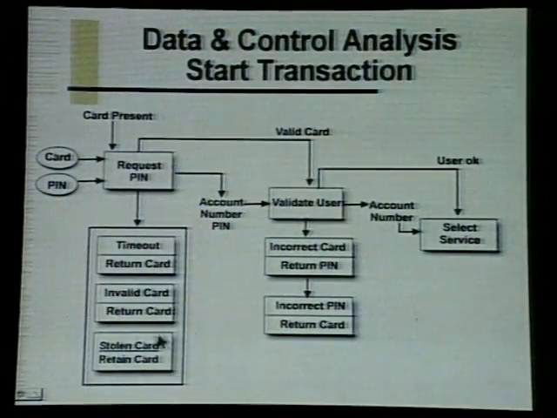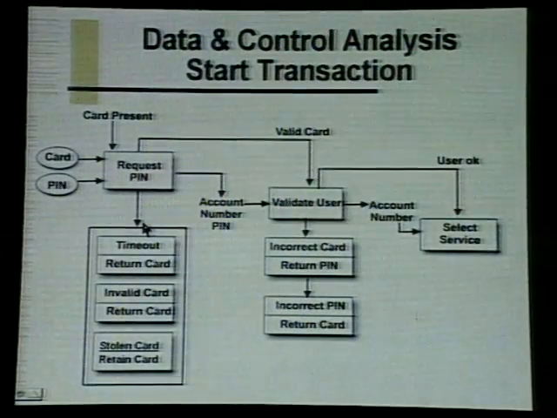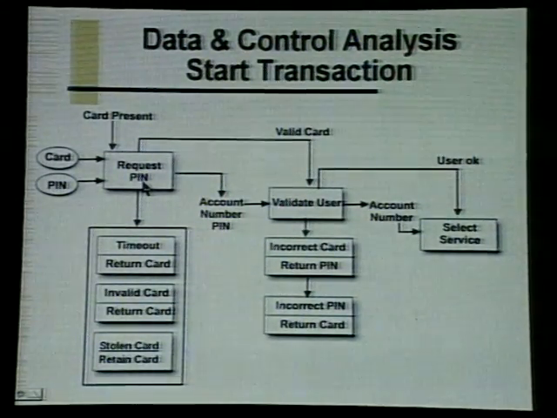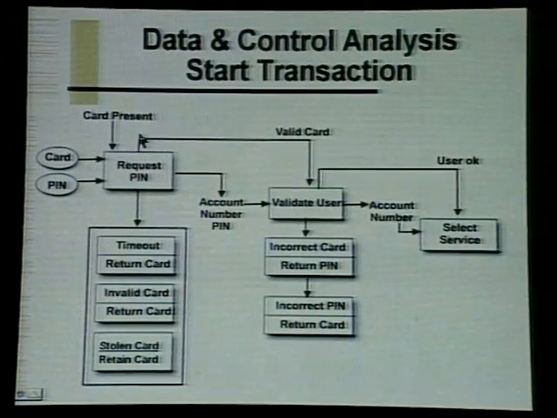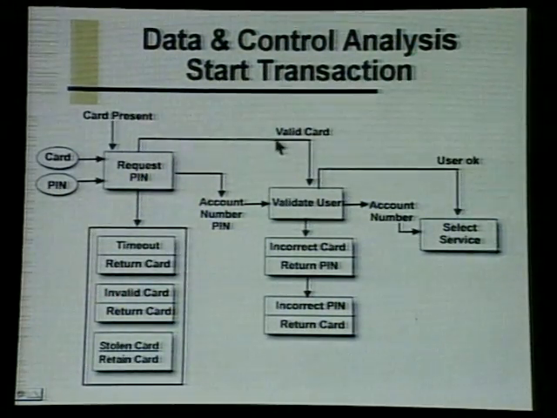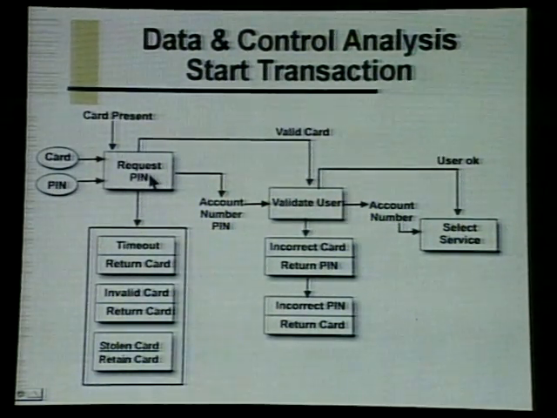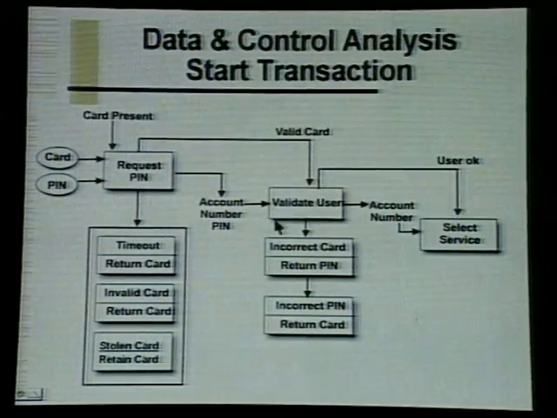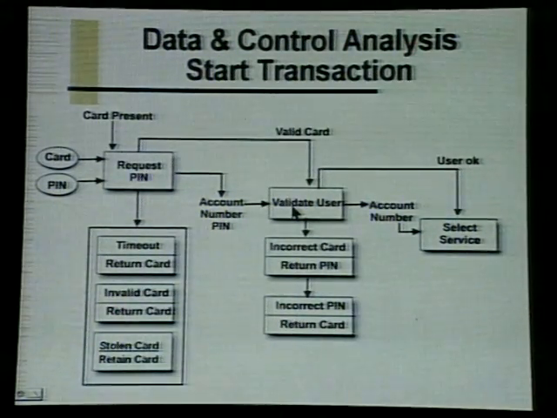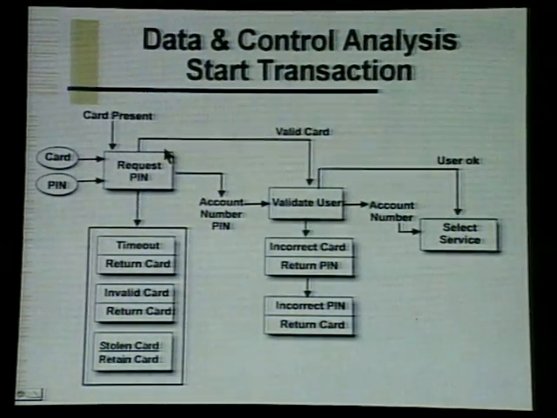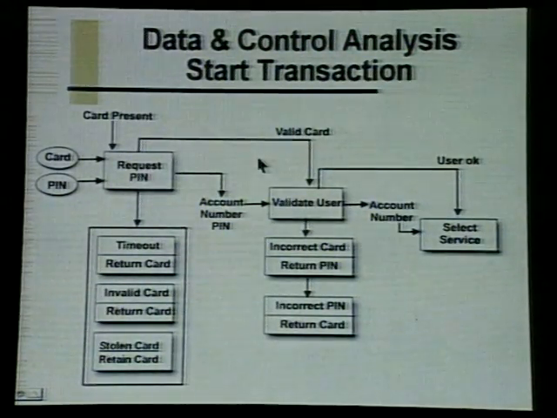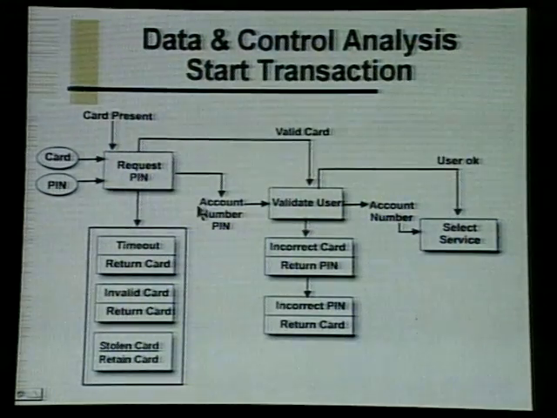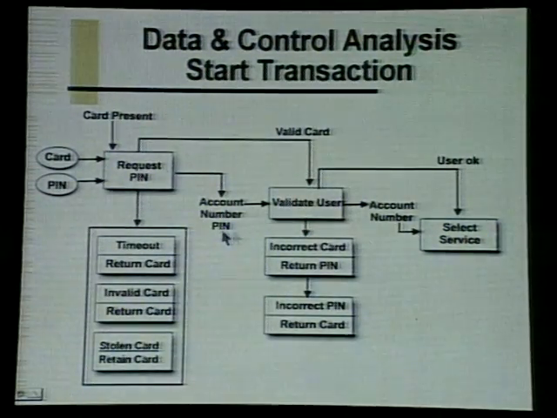If no exception happens, if the card is correct and the PIN has been entered, then that control information, which is the valid card, goes to the next process. And this is the data which goes from the request PIN state to the validate user state. The control information flowing is that it's a valid card, and the data information is the account number and the PIN.